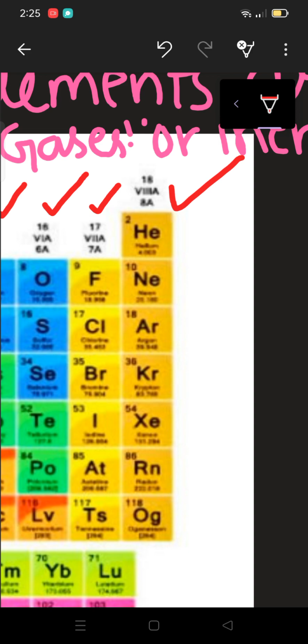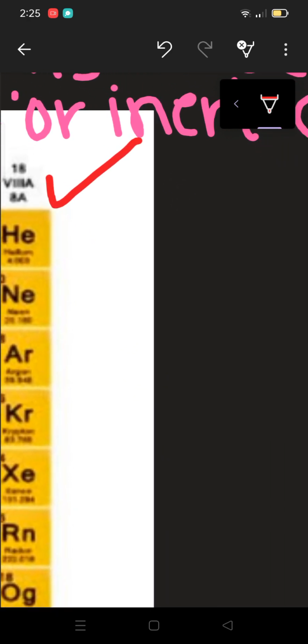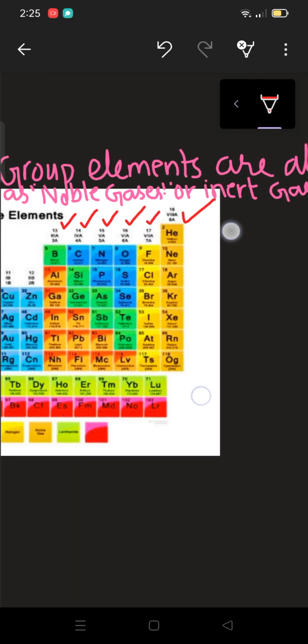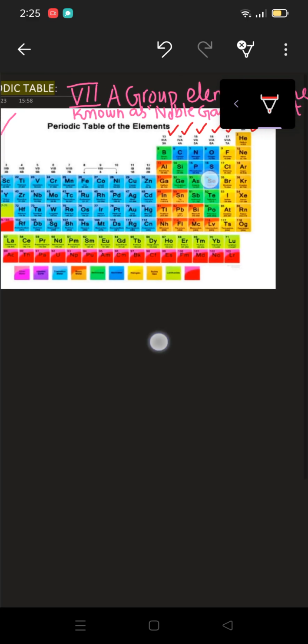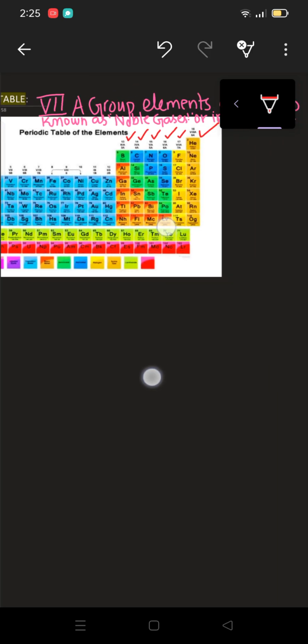They react with some elements in some conditions, but they don't react the way sodium or fluorine react in order to make themselves stable. So that's why they have gotten the name noble gases or inert gases, just because they don't react with any other element in order to complete their outermost shell.